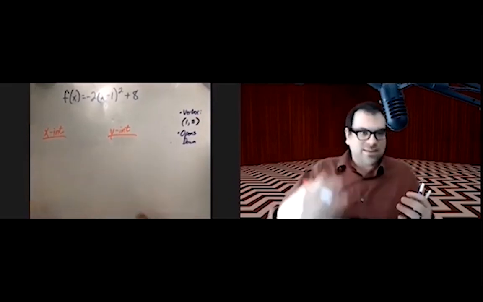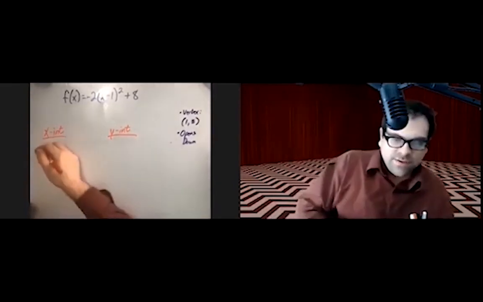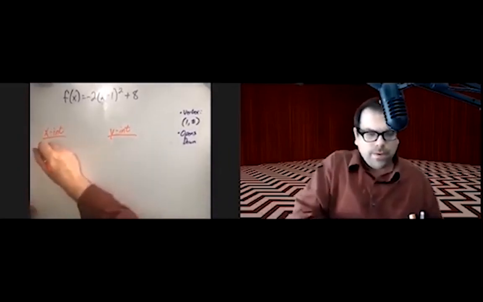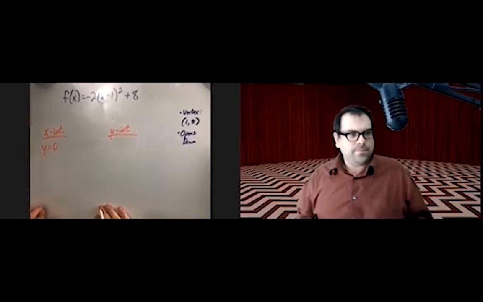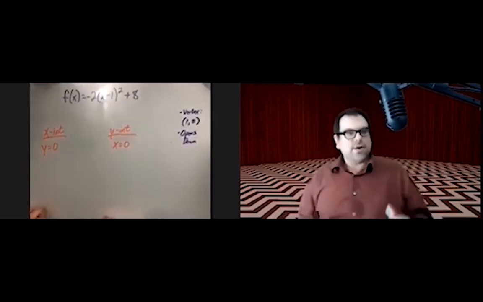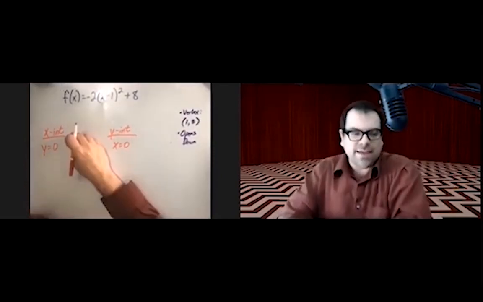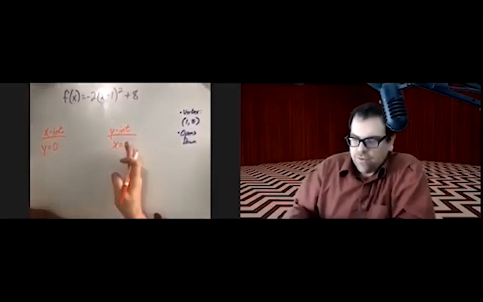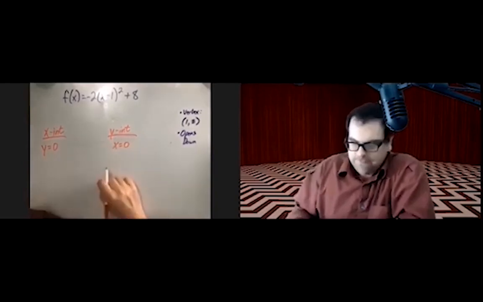Well, going back to the very first lecture, x-intercepts, that's where y is 0. And y-intercepts, that's where x is 0. Because if we're on the x-axis, we're not up or down any. If we're on the y-axis, we're not left or right any.